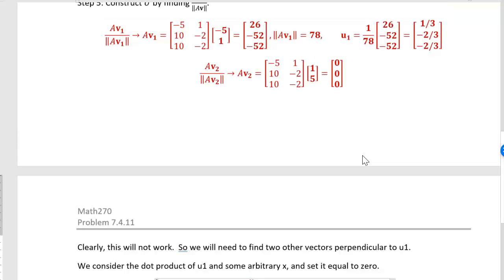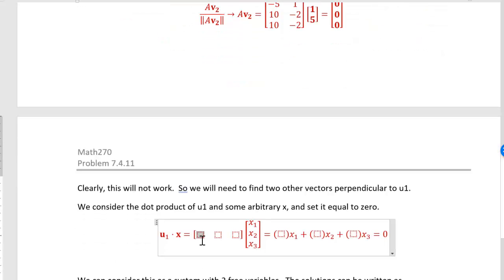Since the direction matters and the magnitude doesn't, I'm just going to multiply everything by 3 and go with 1, -2, -2. So let's say this is a modified U vector, U prime, which is 1, -2, and -2.